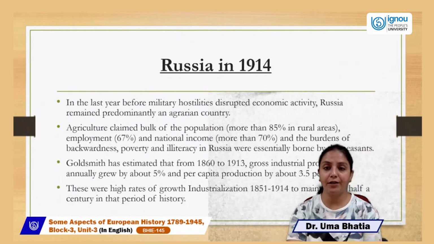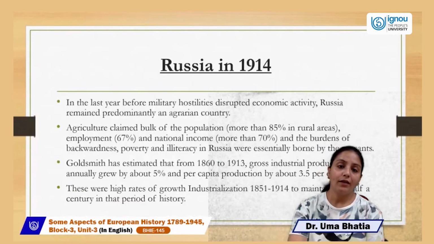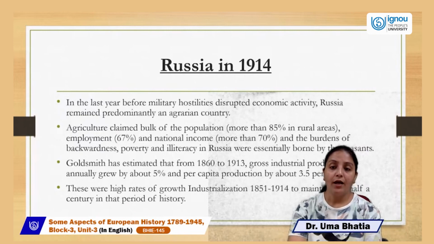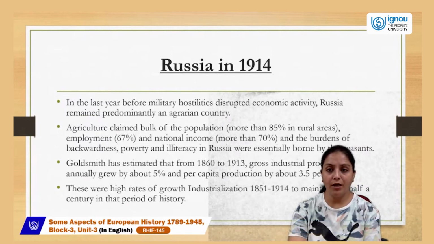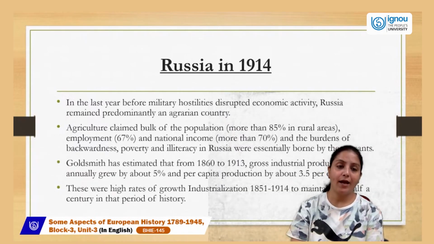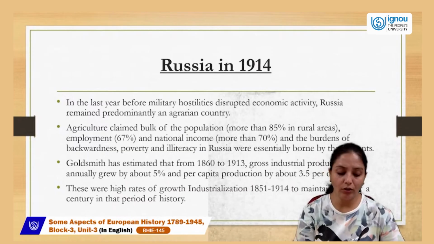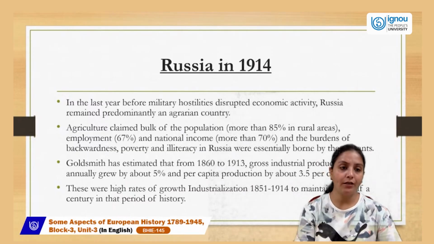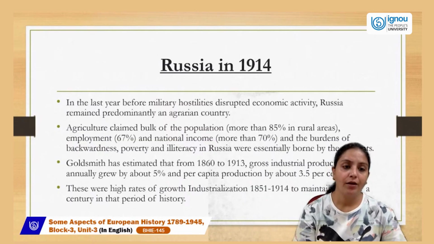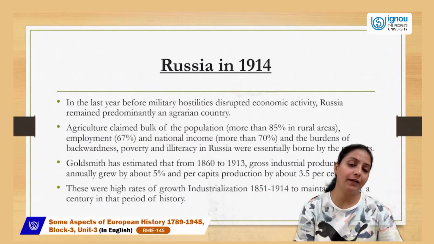Russia in 1914. What was the growth in Russia in 1914? If we talk about Russia, the development was slow and steady at that time. But what about 1914? In the last year before military hostilities disrupted economic activity, Russia remained predominantly an agrarian country.